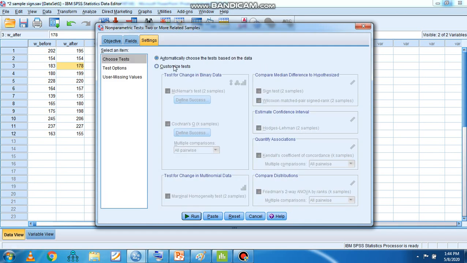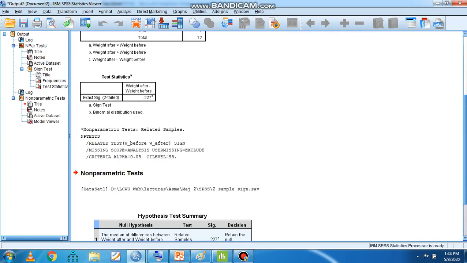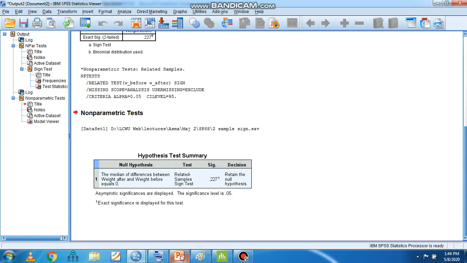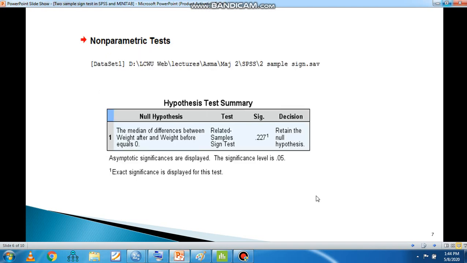Click on the Settings tab, select Customize tests, and then select the sign test for two samples, which comes under comparing median difference to the hypothesized value. We run this test and we have this output.